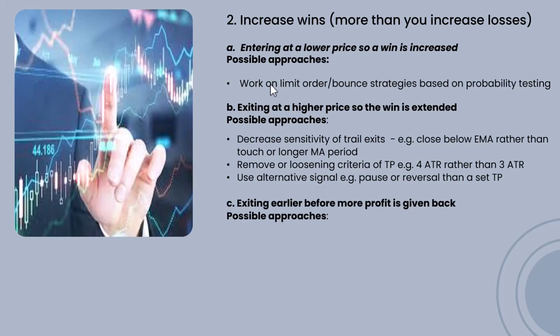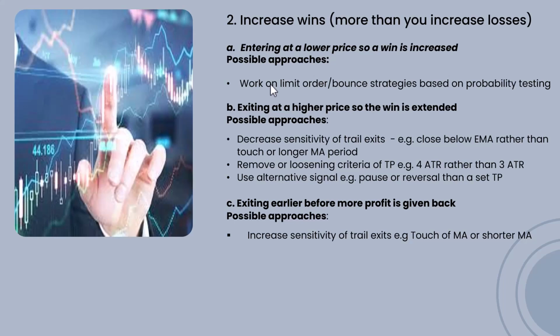We can look to exit earlier before more profit is given back, of course, and this would be to increase the sensitivity of our trail exits. So we can do things like look at a touch or a shorter MA. The other potential is if we do get a bigger gap between current price and where our trail is, we could say, right, okay, because there is that distance between current and trail price after this big move, we're going to decrease our 20 EMA trail to a 10 EMA trail.